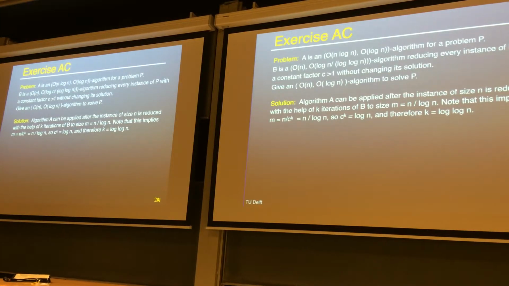It reduces every instance of P by a constant factor c larger than 1, without changing its solution. And now you have to come up with an algorithm that is capable to solve P with an O(n) amount of work. If you compare this, you see that B is taking less amount of work, and an O(log n) amount of time.